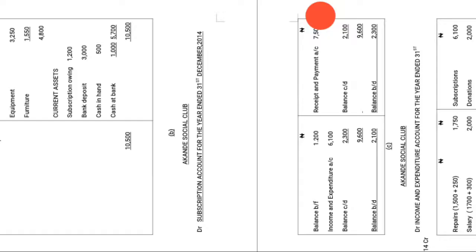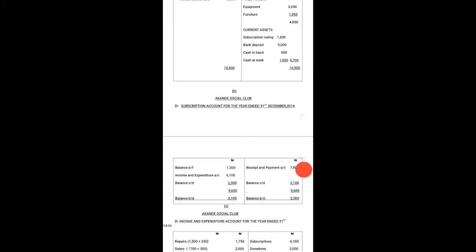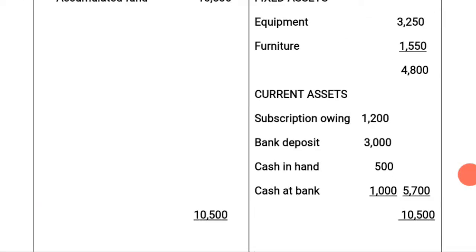From there, as at the beginning of the year, from the information number 4 from the additional information, we have subscription as at 31st December 2013.